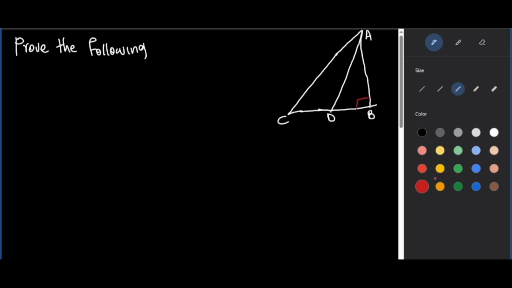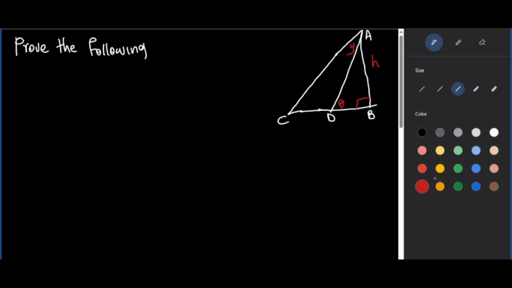Look at this diagram that we are given. They want us to prove the following. Let's say this angle here is given as y, and let's say the length here is h, and this angle here is theta. Do you understand the drawing?